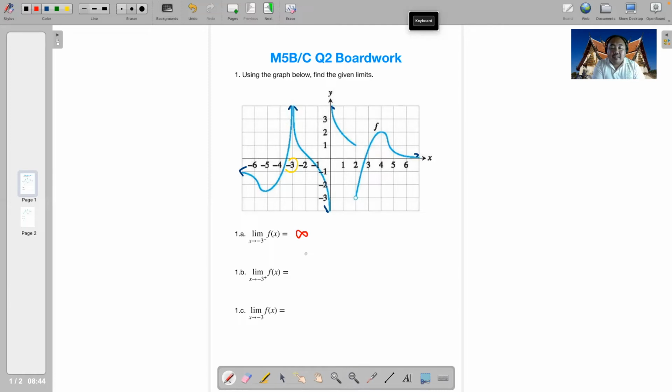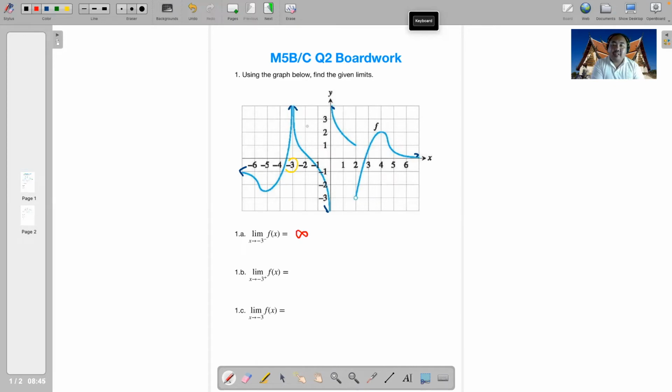Now, if you're going to ask, how about the limit of this function as x approaches -3, this time from the right? So again, our point of interest is -3, but to the right of that. Now you will see that it has the same description. The function extends indefinitely up. So the function values get like large positive numbers.